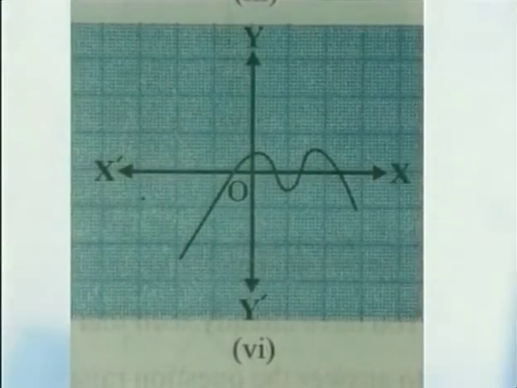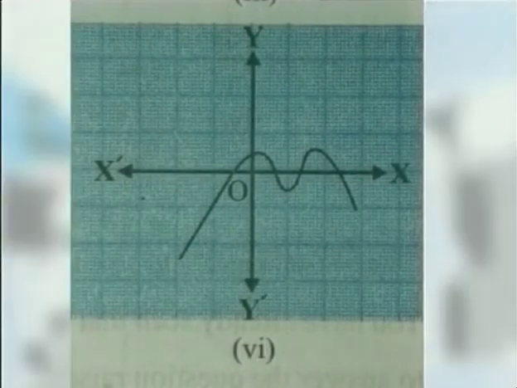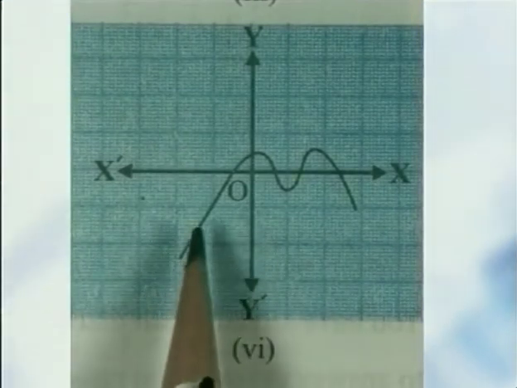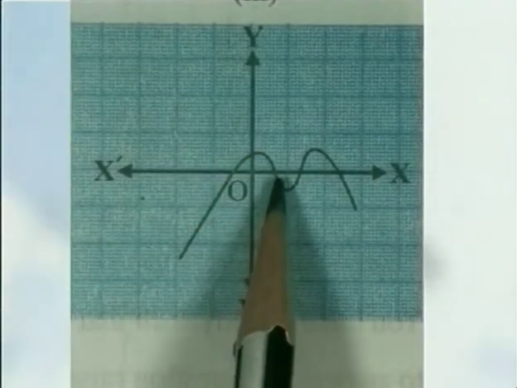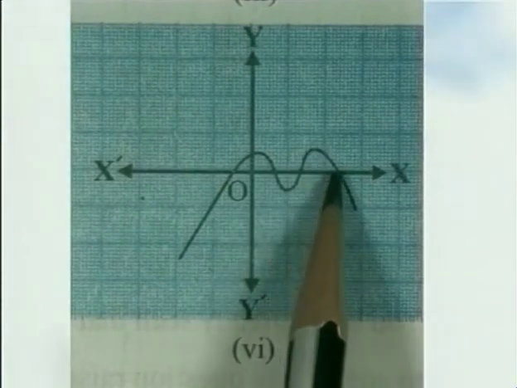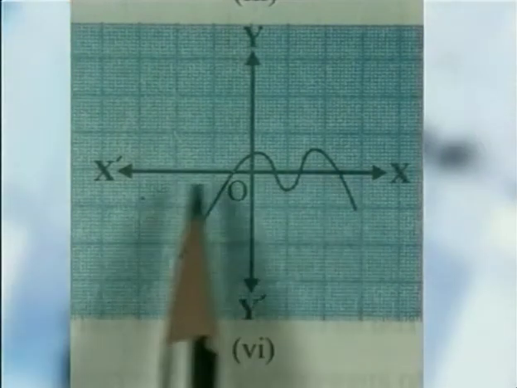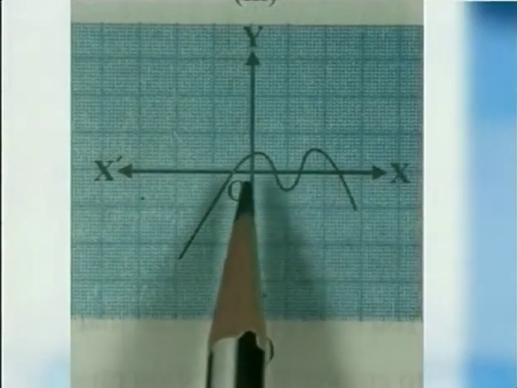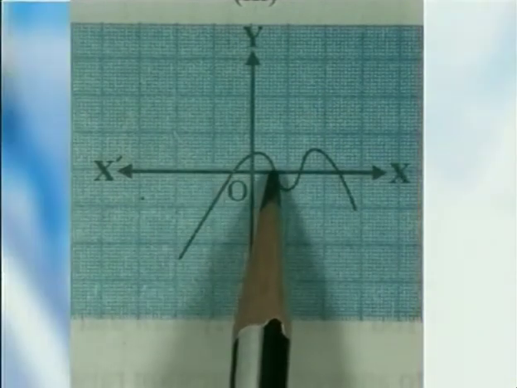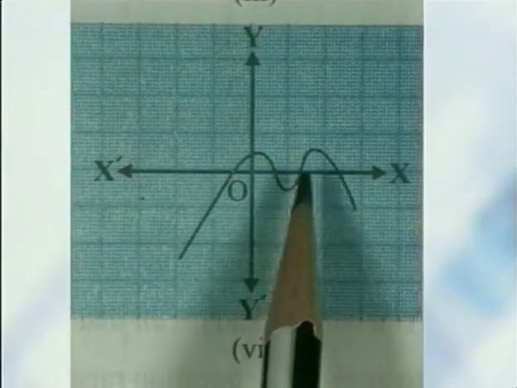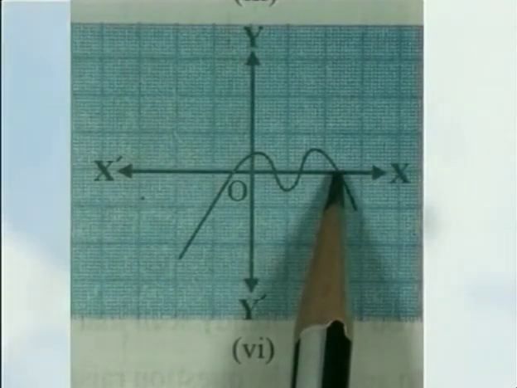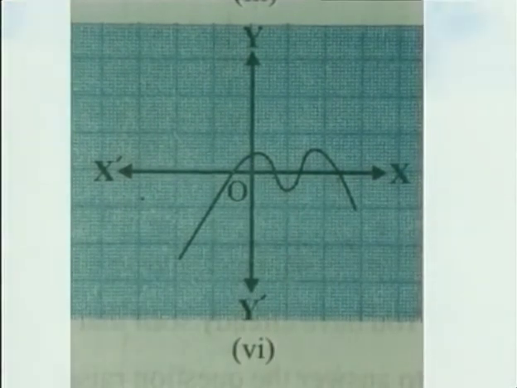In the last graph, that is number 6, we can say there is a combination of 1, 2 and 3 parabolas which cut the x axis at 4 points. That means it has got 4 zeros.